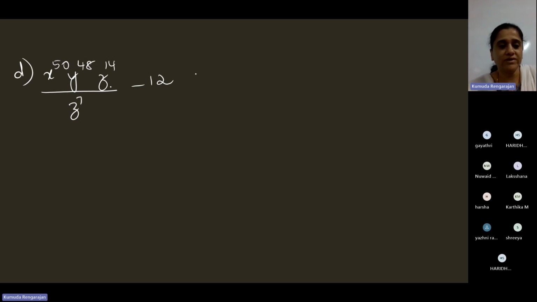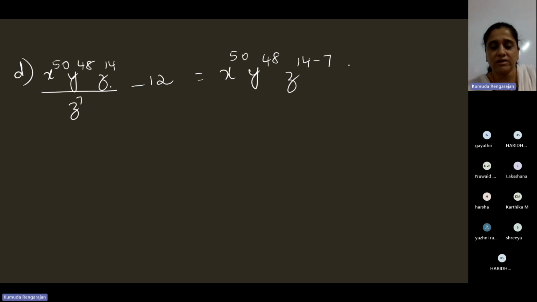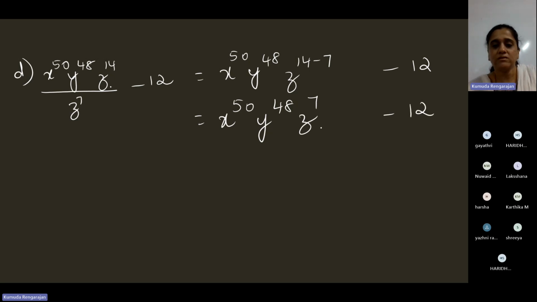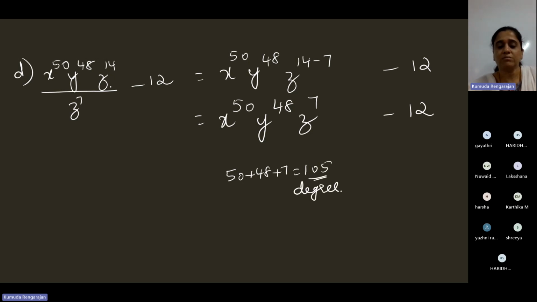This simplifies to x to the power 50, y to the power 48, z to the power 14 minus 7, minus 12. So x to the power 50, y to the power 48, z to the power 7, minus 12. The sum of the powers 50 plus 48 plus 7 is equal to 105. So degree is 105, but it's a binomial. Make a note of this working.